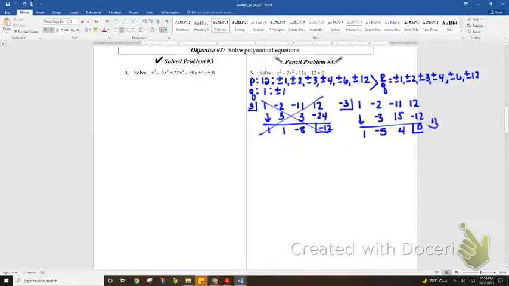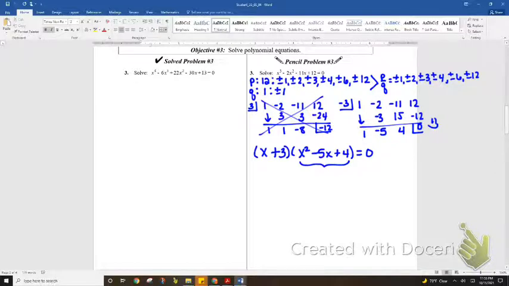And that one worked. Alright, so we have x, remember, change the sign, so plus 3 times, our problem was x cubed, so our answer is x squared. So x squared minus 5x plus 4 equals 0. This one is factorable.